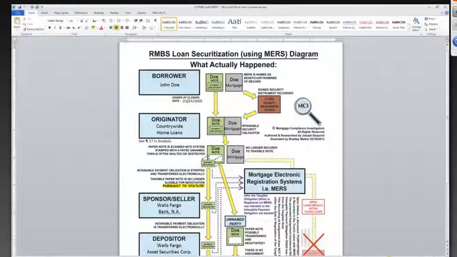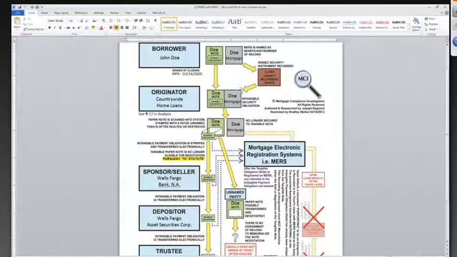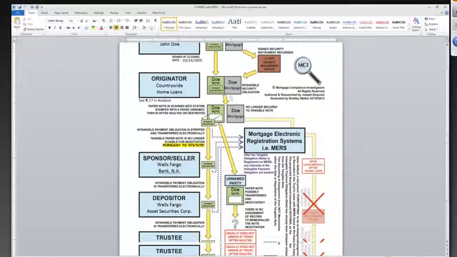All right, so using MERS, what has actually happened? We have the borrower, John Doe. We have their signing. So we have the note, the obligation, and the mortgage. After signing, the mortgage goes to the county recorder's office, where it's indexed, filed, and recorded. Once that happens, we now have a properly perfected lien for the note and the mortgage.